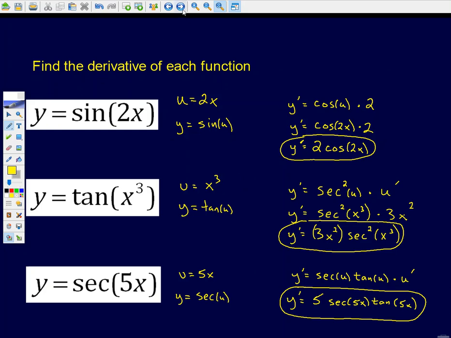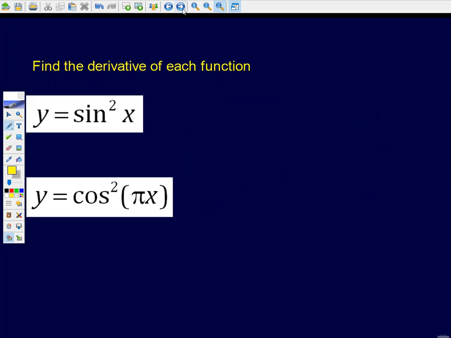Let's look at two additional examples where we have a trigonometric function, but it's used in a different way. This time I've got sine squared of x, and it's very important that you recognize this as equivalent to finding the sine of the number x and then squaring it after that.